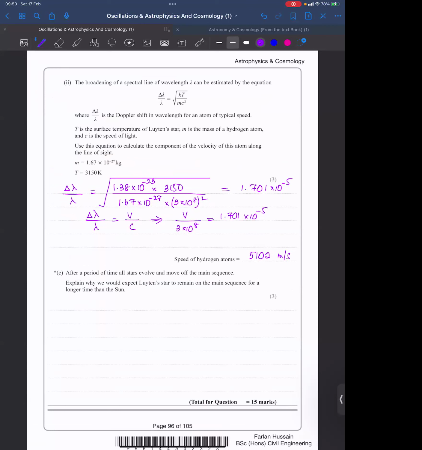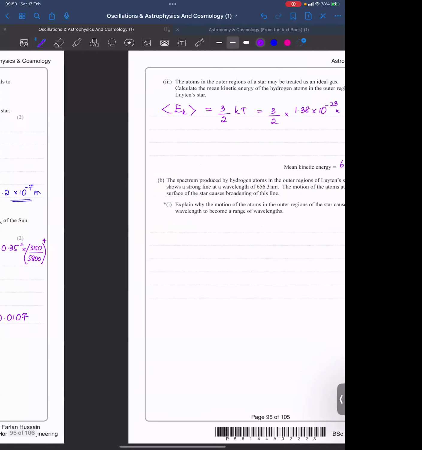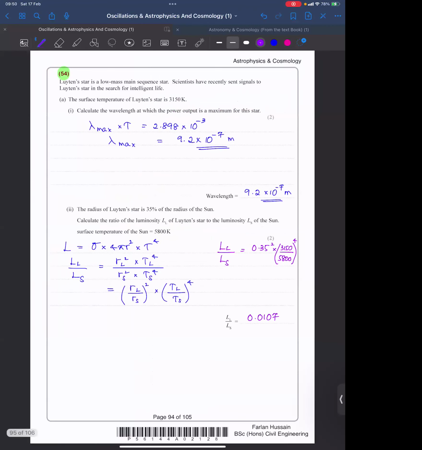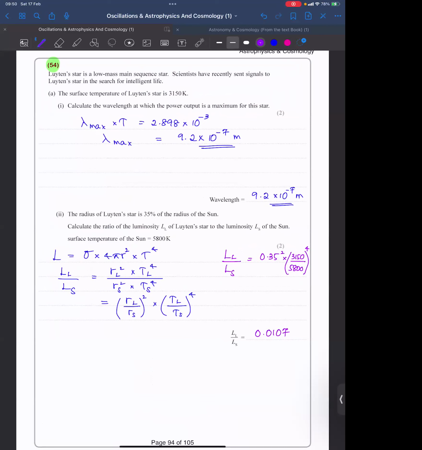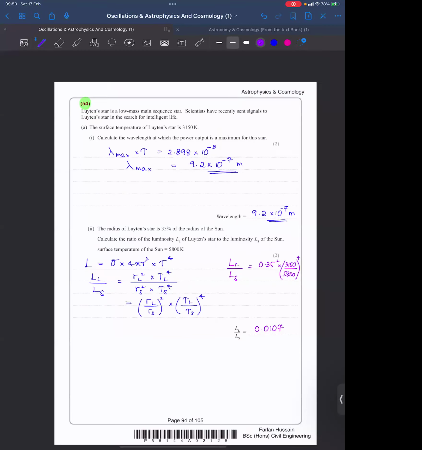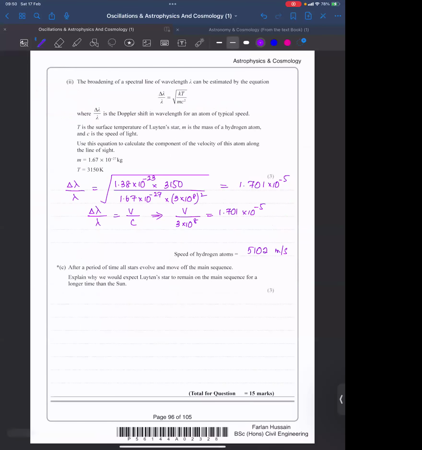So they mentioned the mass. They have mentioned low mass main sequence star. Okay, what else? And the surface temperature is 3150. That is also less than the temperature of the sun. Okay, so you can write those points.